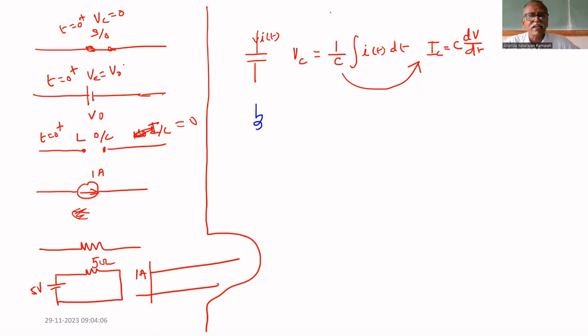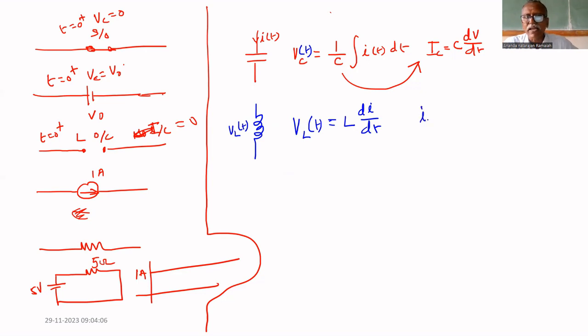If it is an inductor, the voltage across the inductor is vL of t. Voltage varies from 0 to maximum to 0. Therefore, vL of t equal to L di by dt.